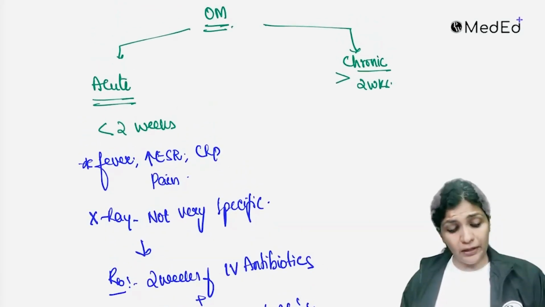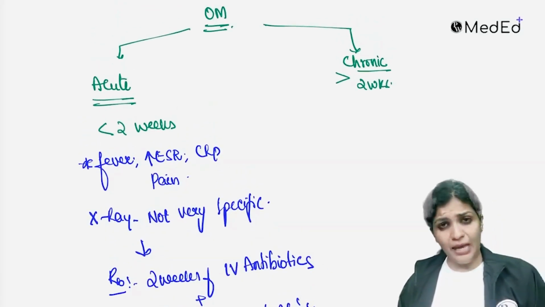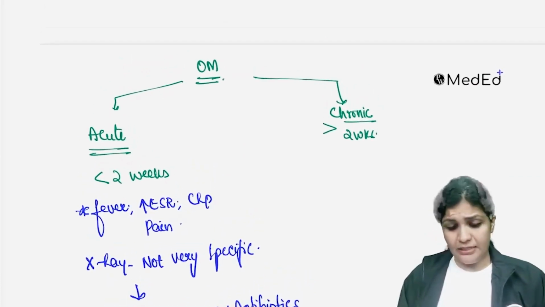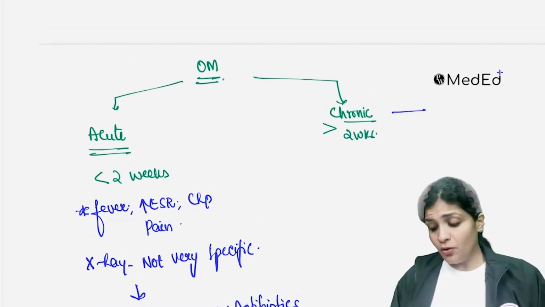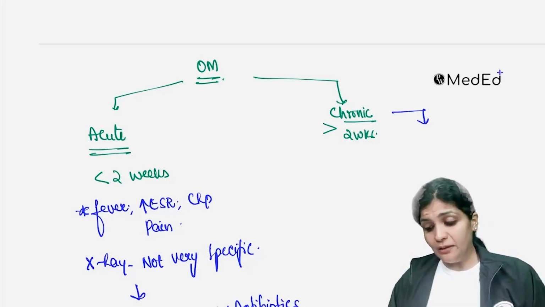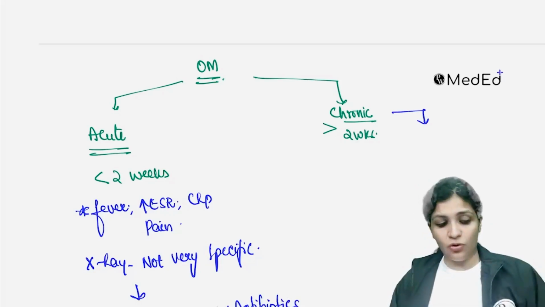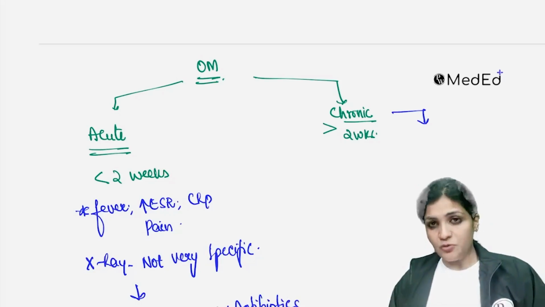In immunocompetent individuals, is there localization of the abscess? Yes, that is Brodie's abscess. Then what is chronic? Chronic is where the patient has an acute osteomyelitis which was not treated properly, right?